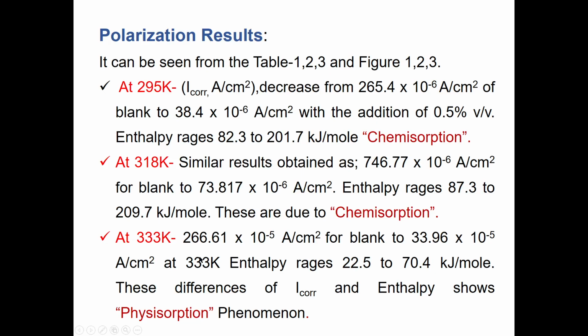But when the temperature reached 333 Kelvin, you can see that the value of the I corr is going from 266.61 to 33.96, a significant decrease, and enthalpy is only 22.5 to 70.4. There is a significant decrease in the enthalpy. So these differences in the I corr and enthalpy show that it is a physisorption phenomenon, which is a kind of reversible adsorption phenomenon.